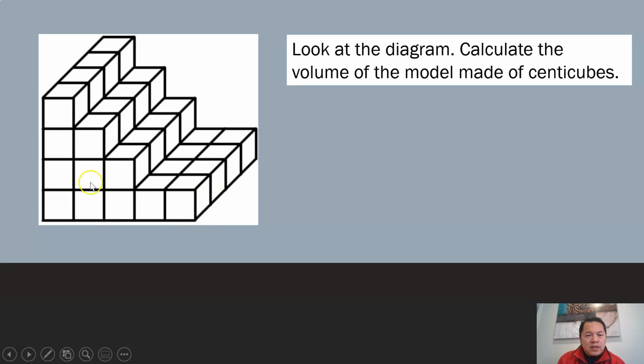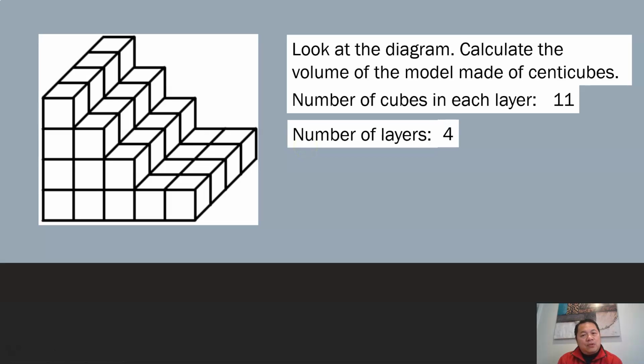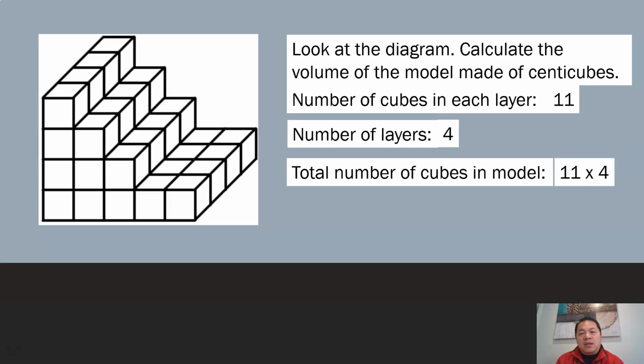There are 2, 4, 6, 8, 10, 11 cubes. So there are 11 cubes on one layer. This is the first layer. Second layer is here. Third layer. And then the fourth layer. You see that? There are a total of 4 layers. So to find the total number of cubes on this model, it is 11 times 4. So there are 44 cubes in this model.